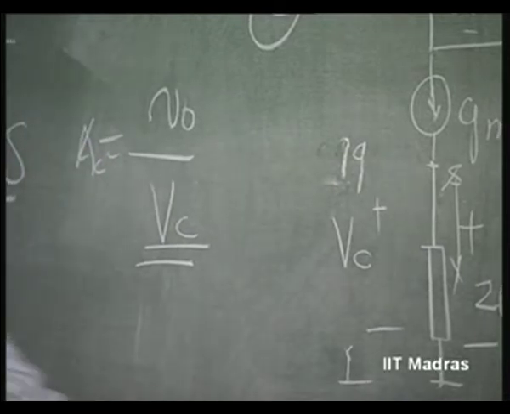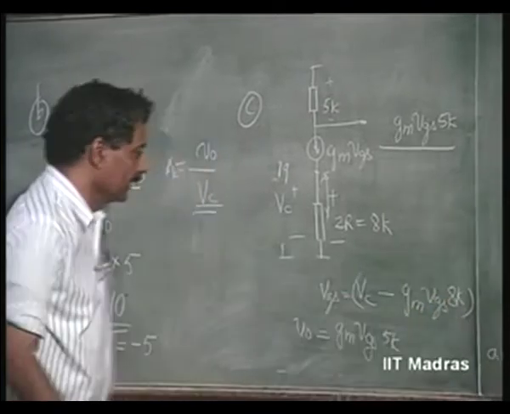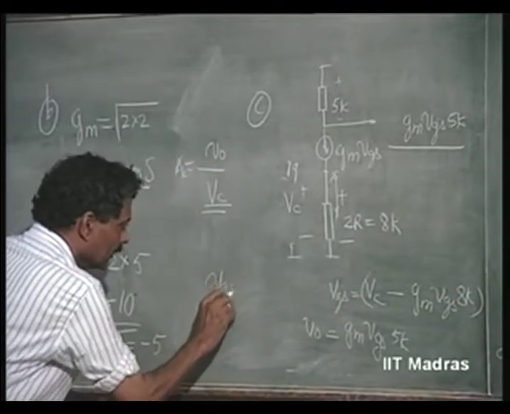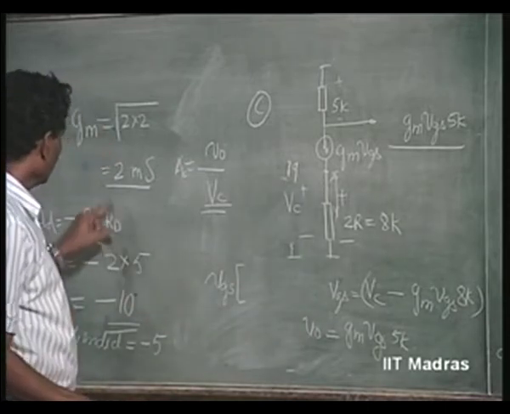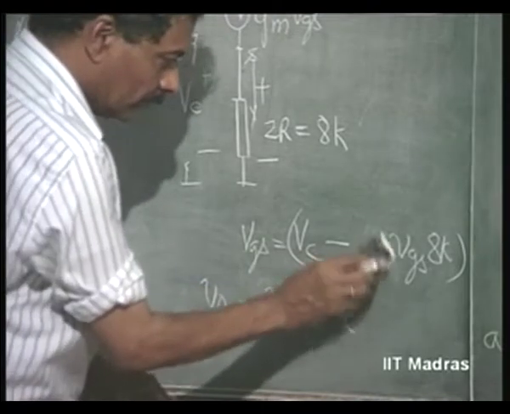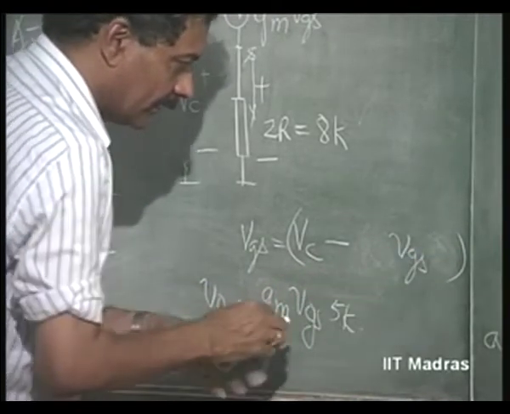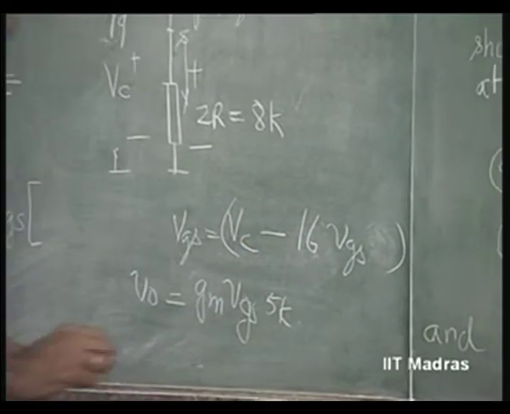Vgs is equal to Vc minus gm Vgs into 8K, that means Vgs into (1 plus gm into 8K), with gm given as 2 millisiemens, this is 2 into 8K, which is 16.